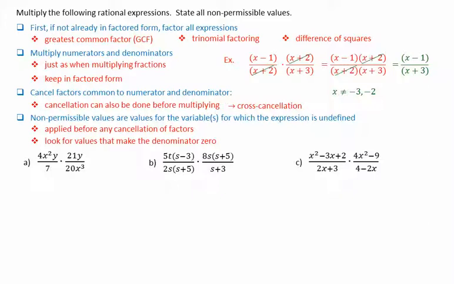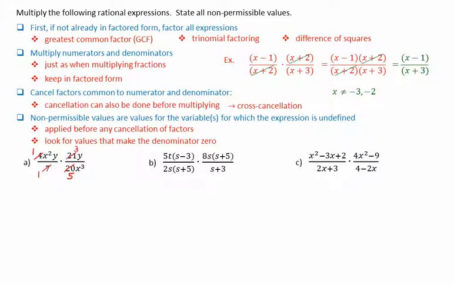For our first example, 4x squared y over 7 times 21y over 20x cubed. The first thing we can do is cross-reduce the coefficients. The 4 and the 20 can be reduced to a 1 and a 5. The 21 and 7 can be reduced to a 3 and a 1.